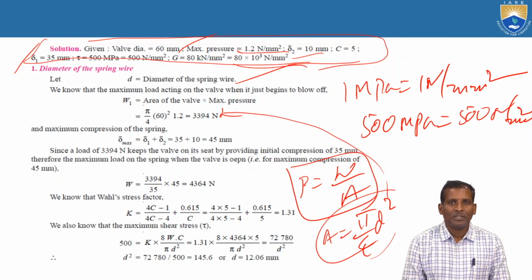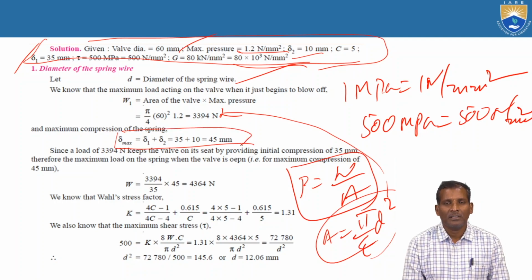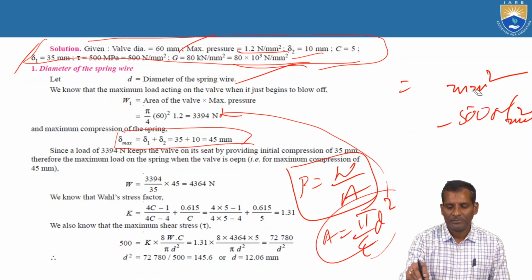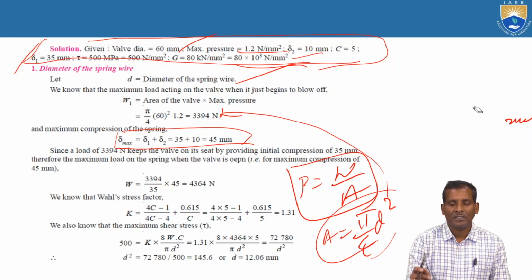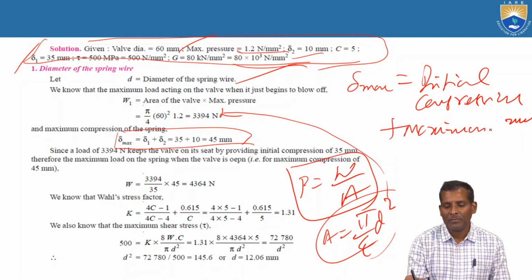And the maximum compression of the spring: here two compressions are there, the initial compression and the maximum lift. Initially the compression is 35 mm. So the total deflection is the initial compression plus the maximum lift.